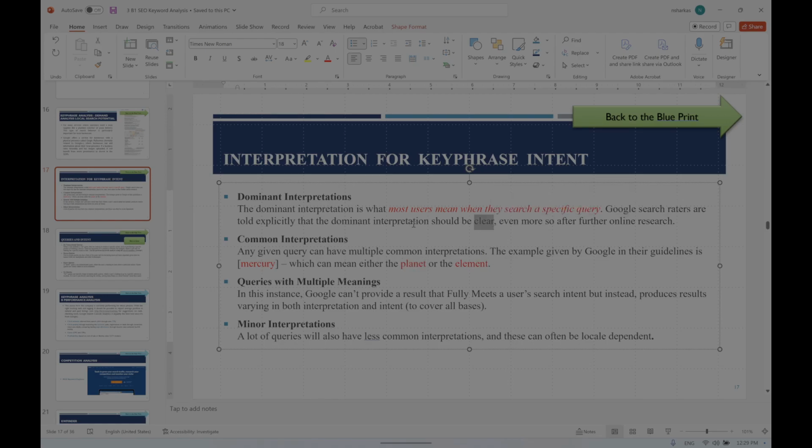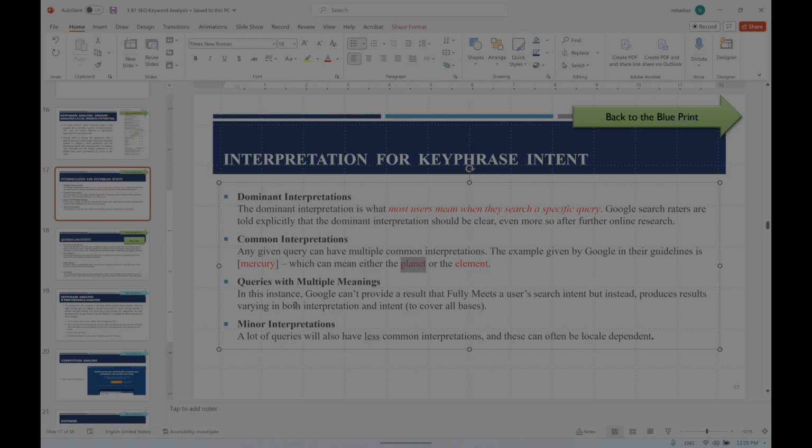If people equally search for both interpretations, then neither of them is a dominant interpretation. This is a common interpretation, and Google will give you split results until they see which links you are more likely to click on, the mercury element related or the mercury planet related. Then Google will understand which of these common interpretations more likely represents you.